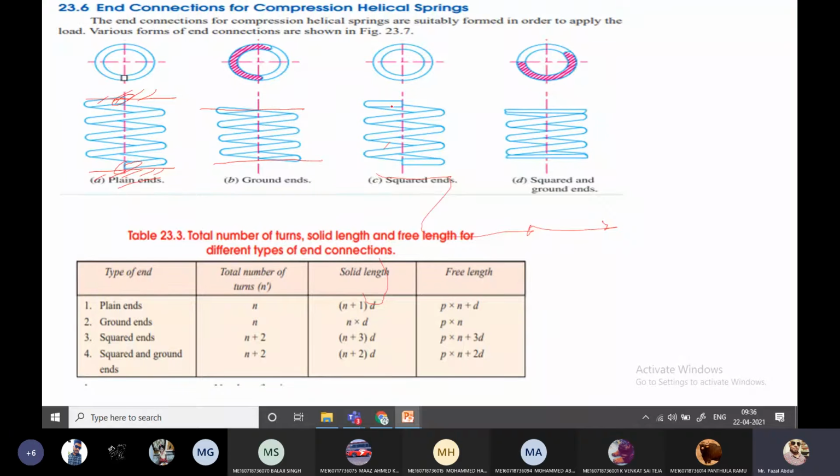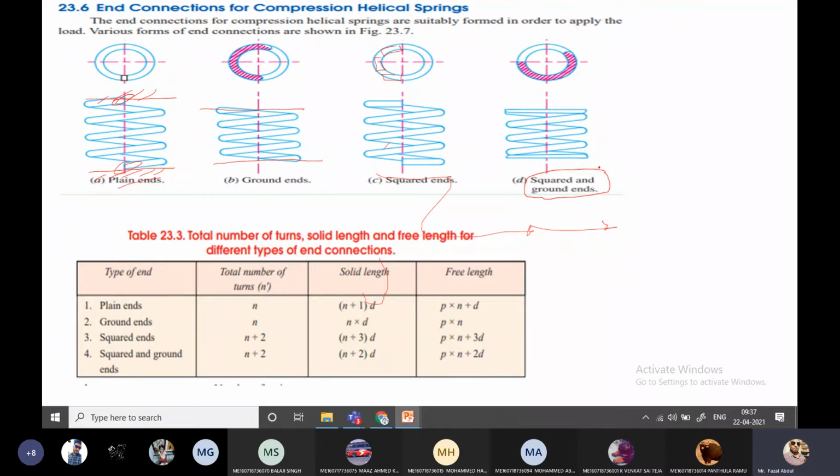Squared end means, see here on the top view, you can easily understand the shape: whenever it sits on the surface, the shape appears as a square. And then squared and grounded ends. Most of our syllabus questions are generated based on this one.